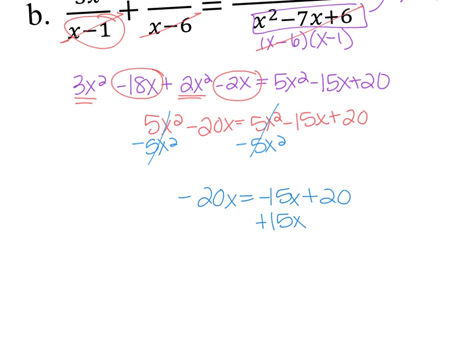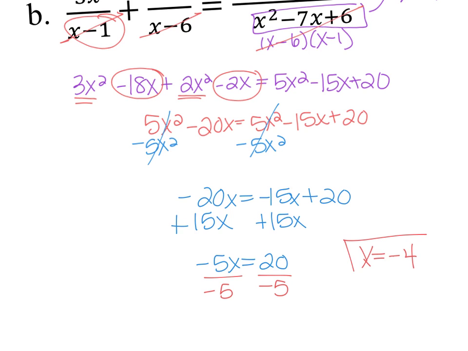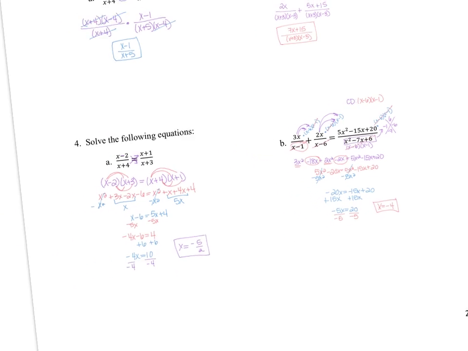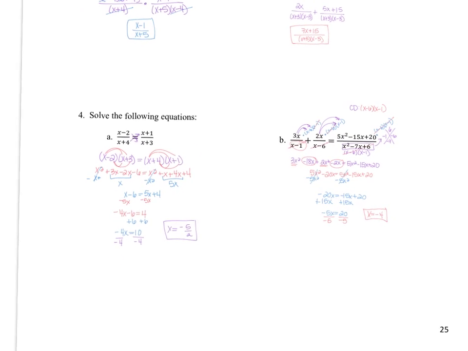Let's add 15x, it's the opposite of subtraction. So I have negative 5x equals a positive 20. Well, now to get x alone, let's just divide by the coefficient, which is negative 5. 20 divided by negative 5 is negative 4. So x equals negative 4, and that is your complete answer.